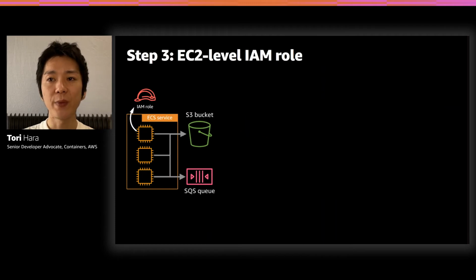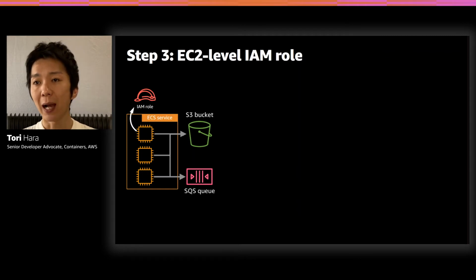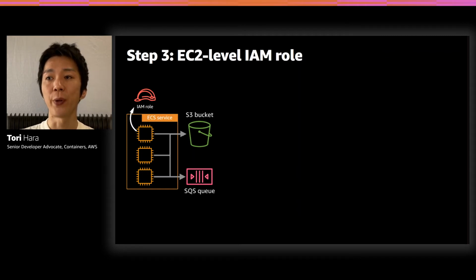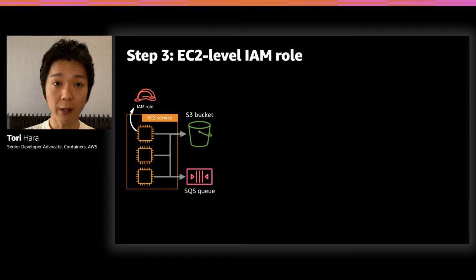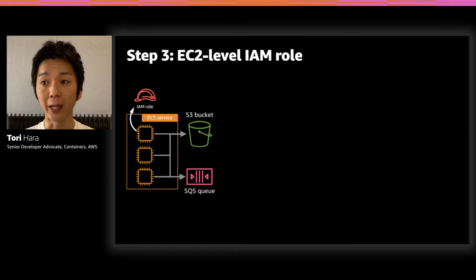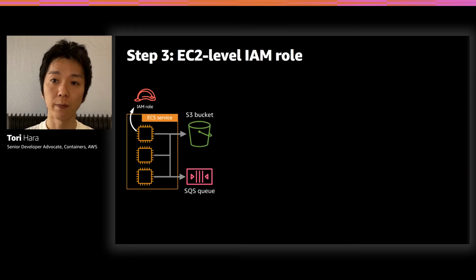Yes, it could be a role of the underlying EC2 instance. As you may know, an EC2 instance can be configured to have its own IAM role, and containers running on that EC2 instance can use the EC2 instance role to get credentials, just like other non-containerized applications.